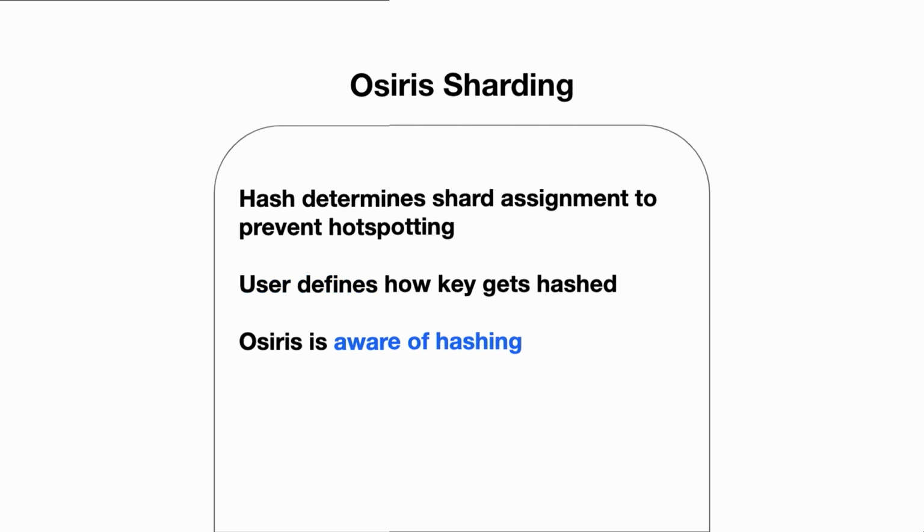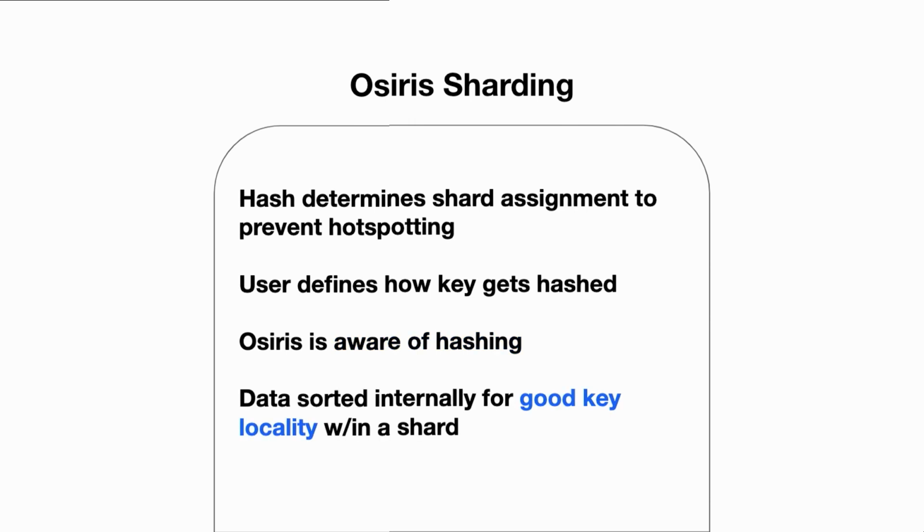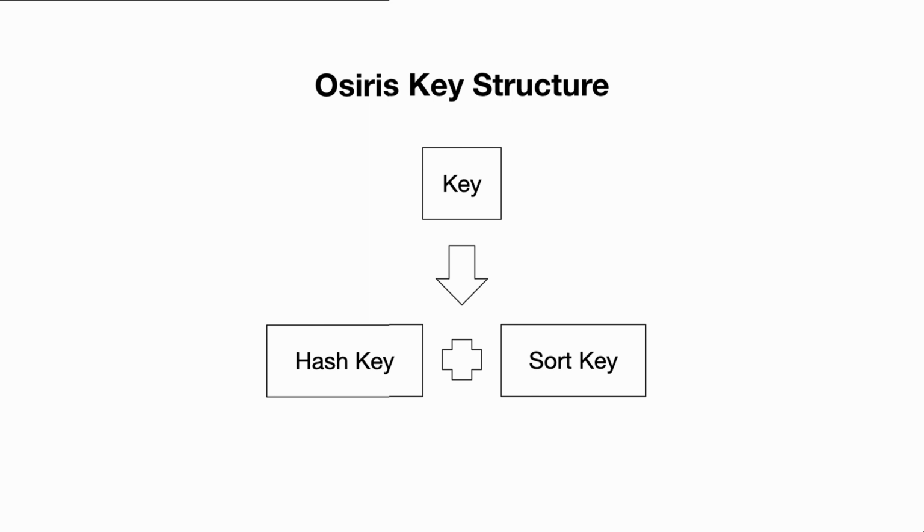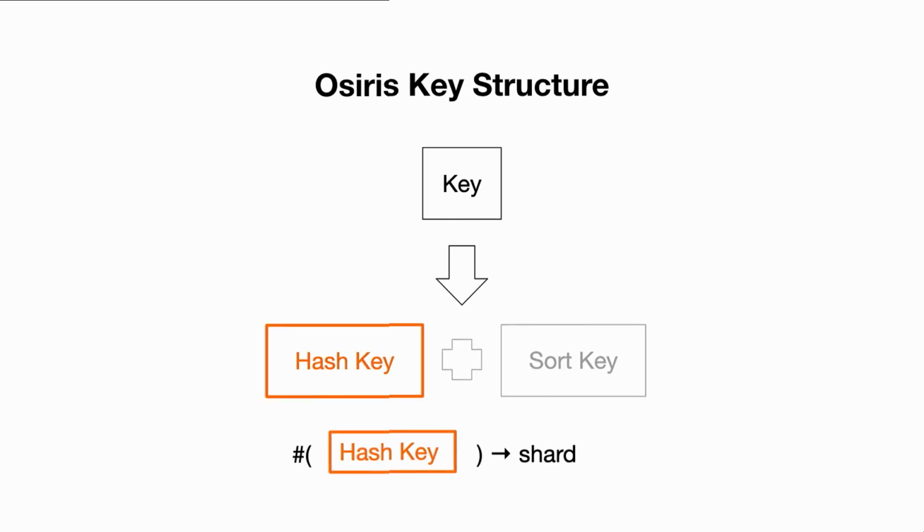One other thing we learned from HBase is that instead of forcing partitioning on top of it like you have to do sometimes, Osiris is aware of the internal hashing scheme so that it can store and query the data more efficiently. So the method we actually use to do this is that in Osiris you have one logical key, but Osiris makes you break your key up, or split it, into two parts, a hash key and a sort key. The hash key is the part of the key Osiris will run through the hash function to determine where your shard lives.